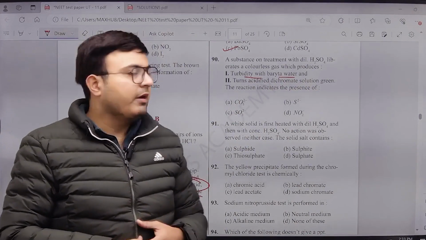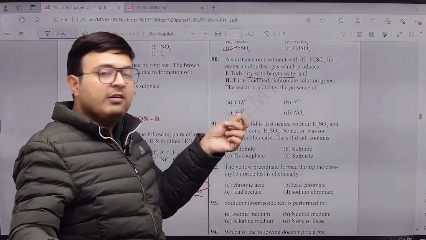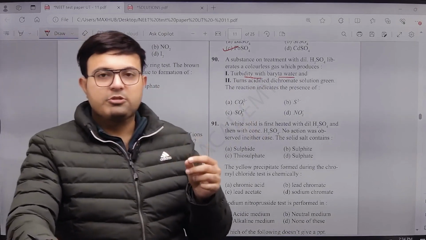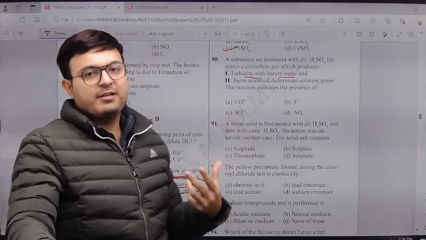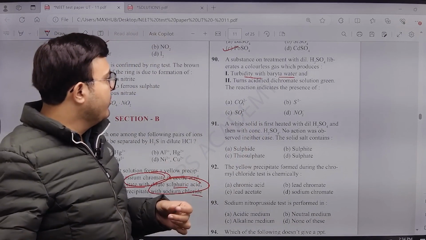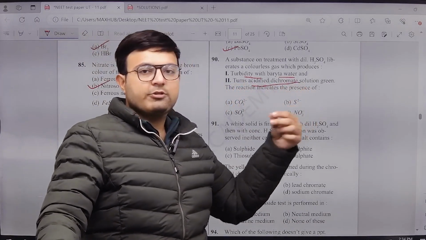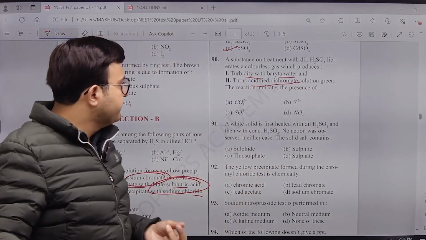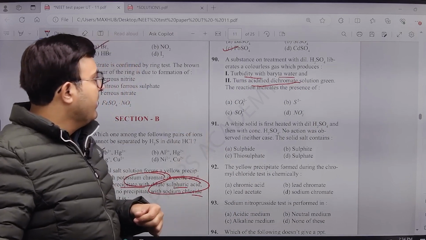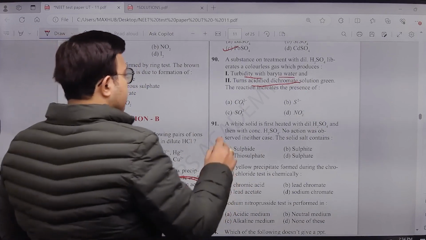The salt of barium which is insoluble will give turbidity. So barium sulfides are insoluble, and it is also turning acidified dichromate solution green. So barium chromate is also green in nature. So the answer for 90th will be C.